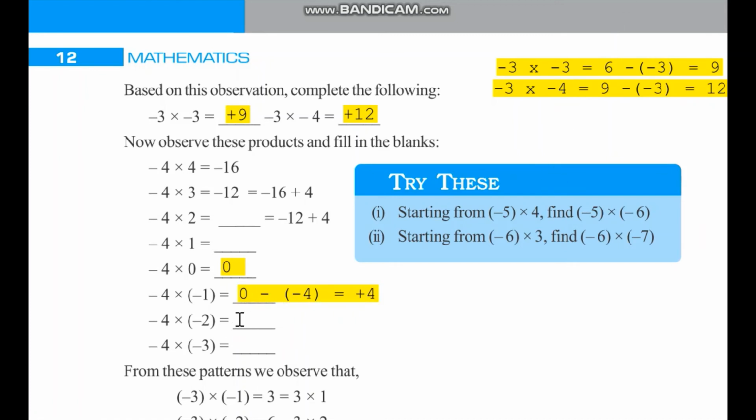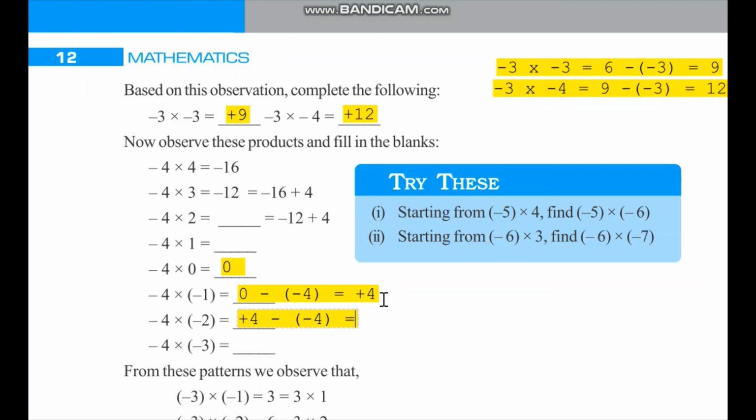Similarly, if we continue it for the next two equations, that is, let us reduce minus 1 by 1 to get minus 2 over here. In order for us to find this product, what we can do is, we can take this product over here, that is, we can take plus 4 and we can take away another minus 4 from it.